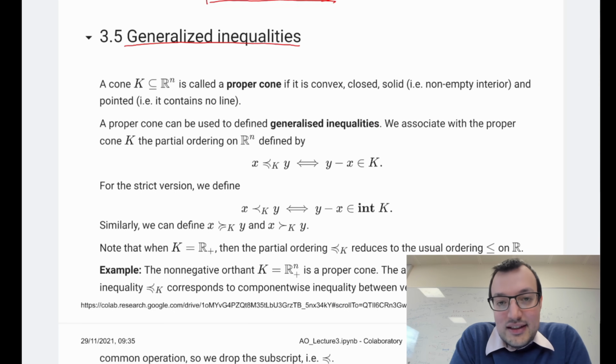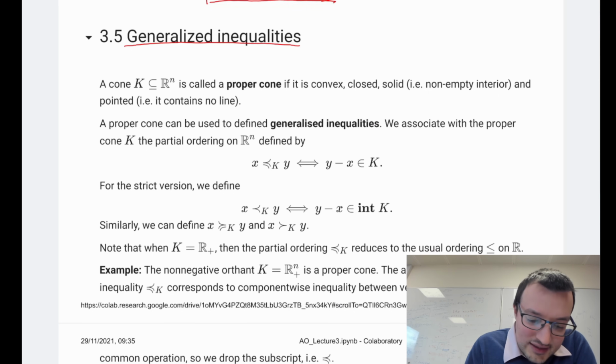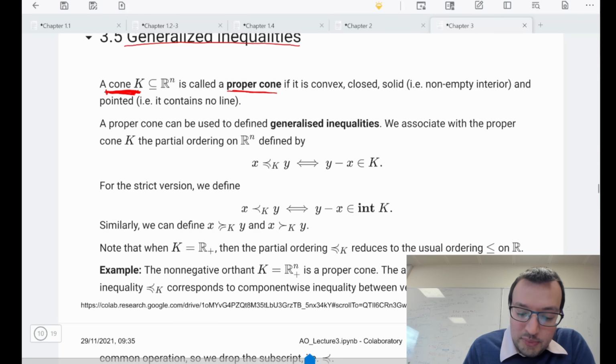Well, the basic idea is that we want to generalize the concept of less equal or greater than equal with respect to something that is more general than positive versus negative. Okay, so let's see how to do this. So we consider a cone K. Okay, so we know what a cone is, and then we define the concept of proper cone.